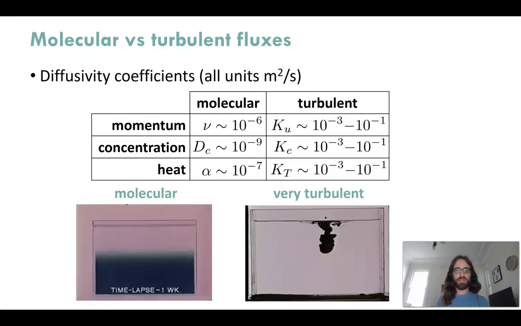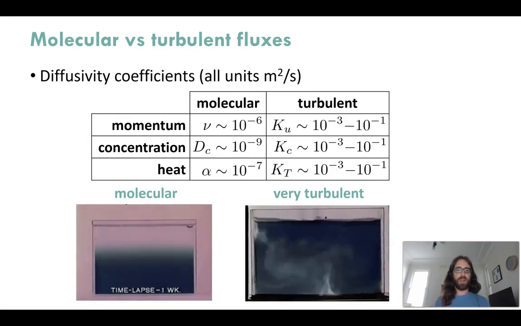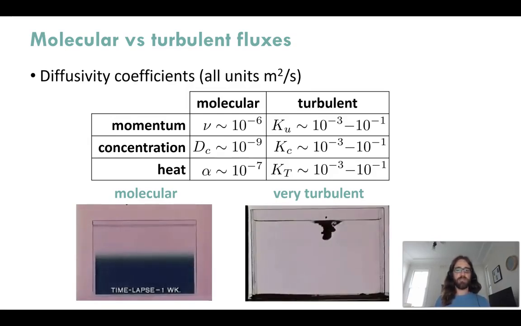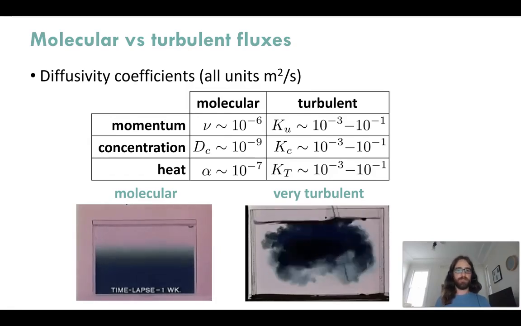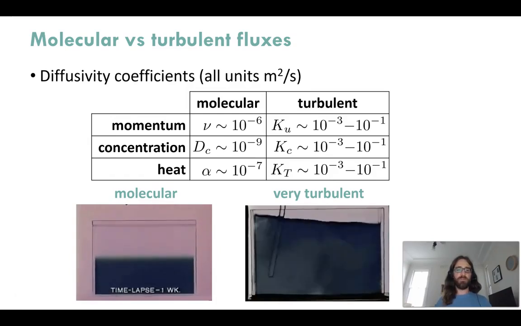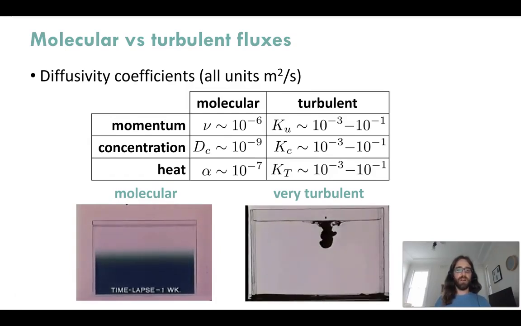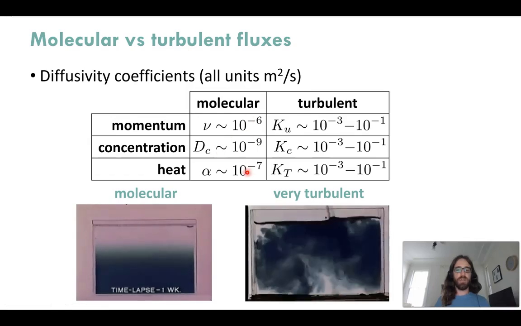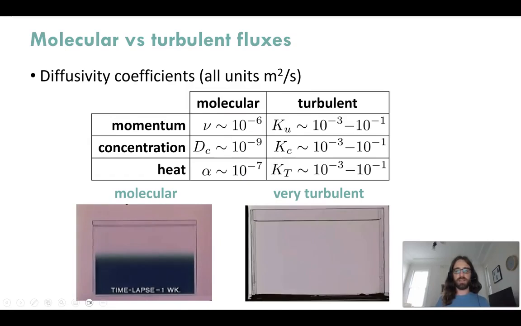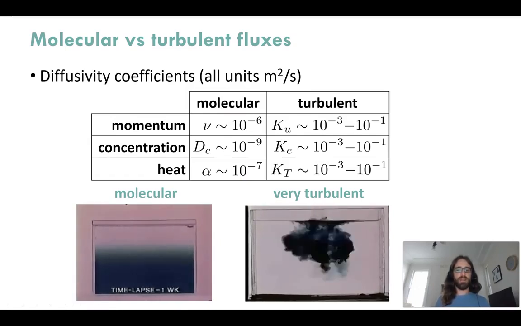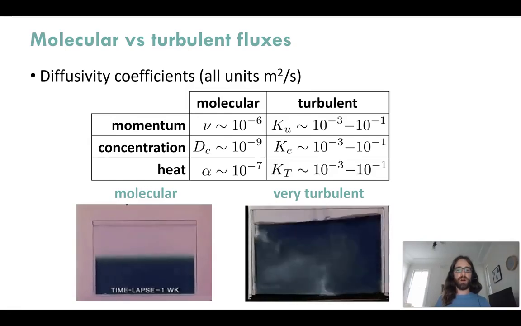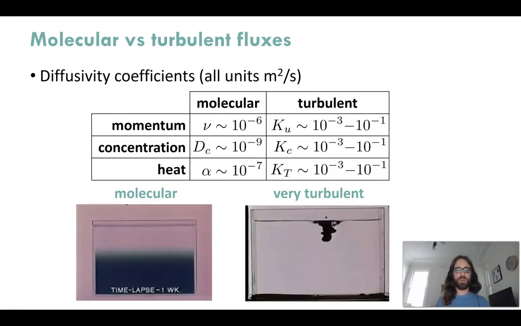The reason why this is useful and illustrative is because now we can provide a direct comparison between how fast molecular diffusion is versus the turbulent fluxes. And examples of the diffusivity constants are given here. We already learned about the diffusivity constants for molecular diffusion. They're on the order of 10 to the minus 6 to 10 to the minus 9, all of them with units of meters squared per second. The turbulent diffusivities also have units of meters squared per second.